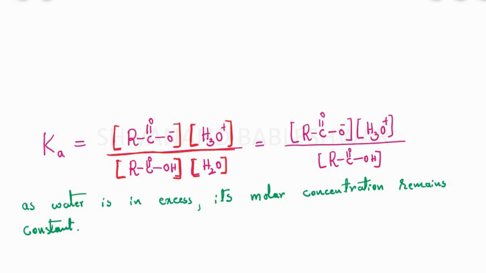The numerator whatever I have written is nothing but the products, and the denominator is nothing but the reactants. Since water is taken in excess, its molar concentration remains constant, or we can simply call it unity. So one can say that Ka is the molar concentration of product to that of the molar concentration of the reactant.